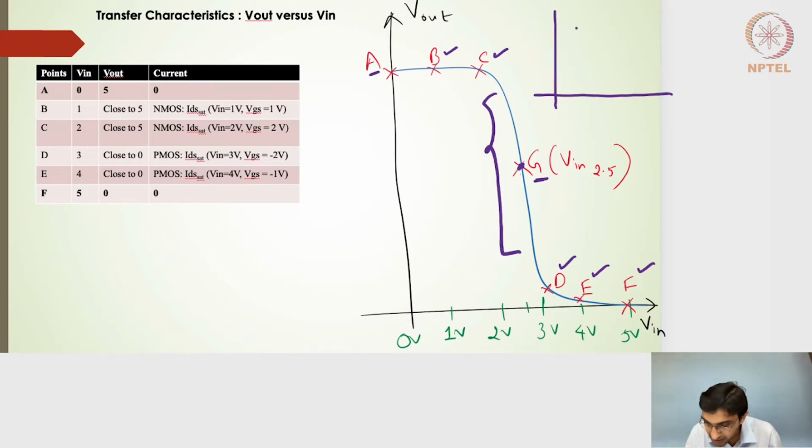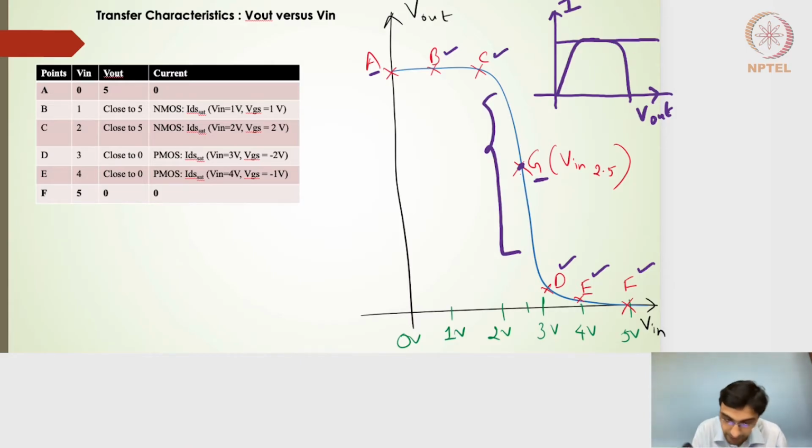If I want to draw the PMOS, this is my PMOS profile for the current versus the Vout of the inverter, and this is the NMOS profile. Let me use a different color. So this is PMOS, and this is NMOS. These series of intersection points give me this particular profile.